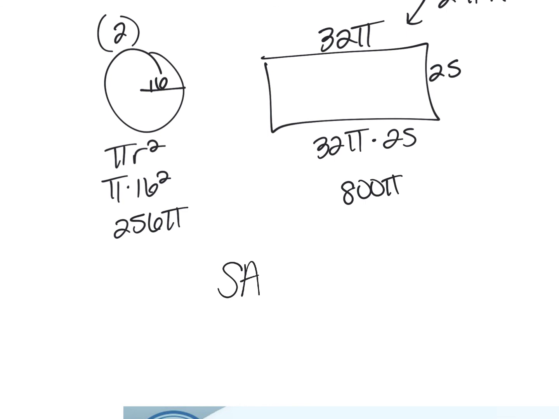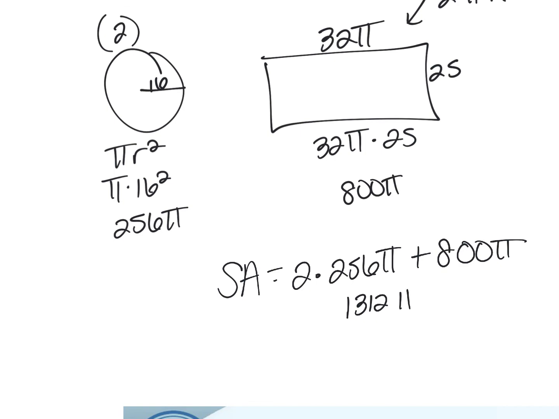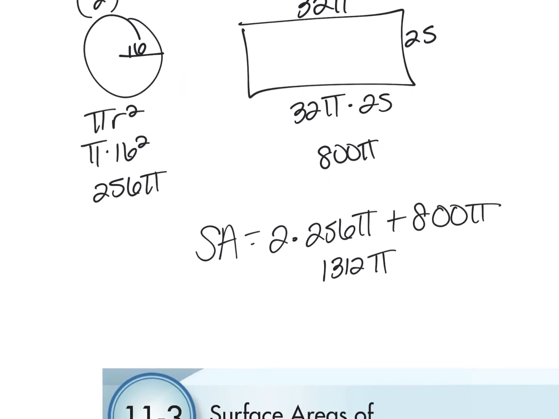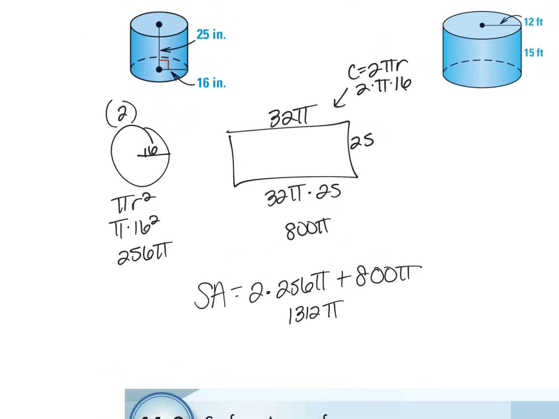All right, so now for surface area, we have 2 sides that are 256 pi plus 1 face that is 800 pi. Type that in your calculator without the pi's, and you get 1,312 pi. And then, oh, don't forget my label, I almost did. Inches squared would be your label.